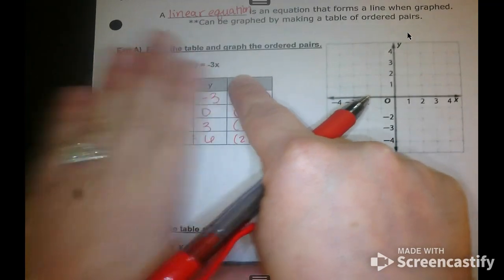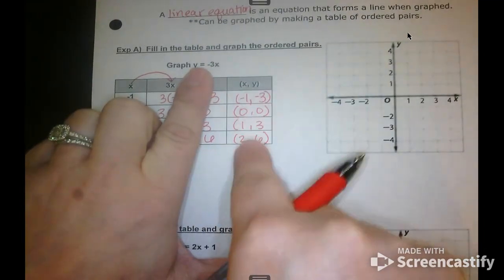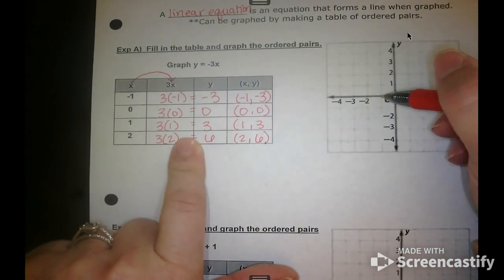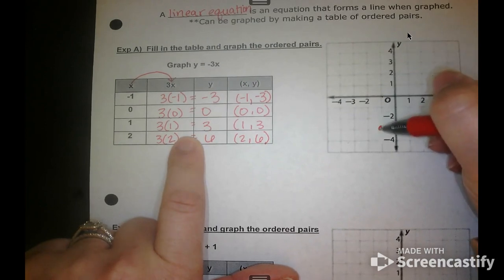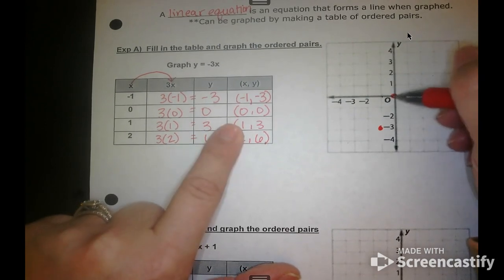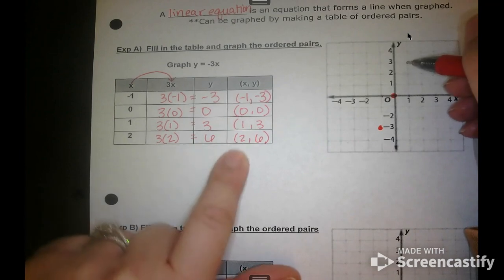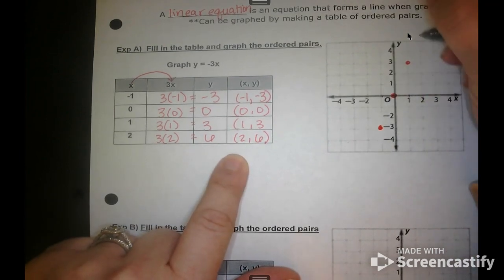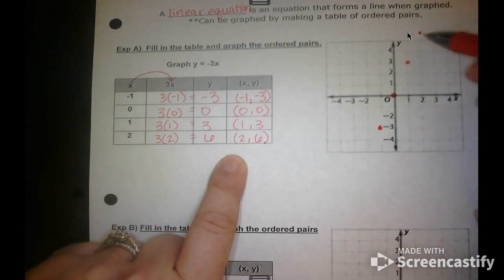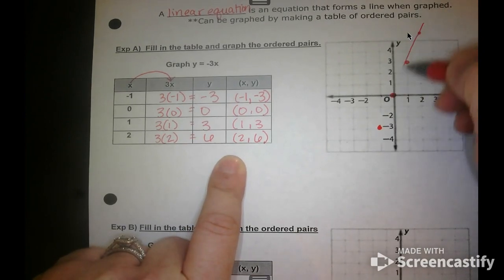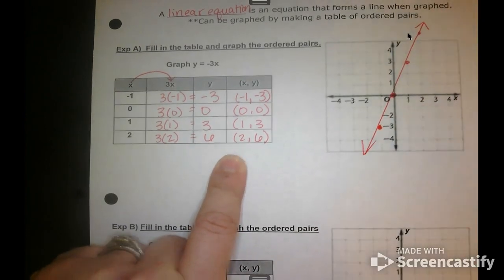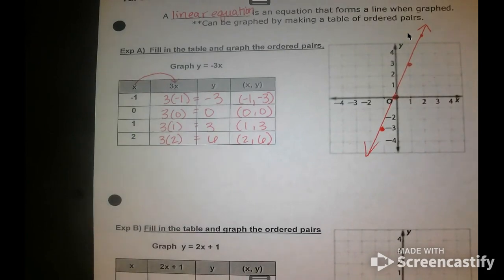No, you're going to graph it in the graph. But I had to do this to get my points. So I have negative 1, negative 3. There's my first point. 0, 0. Positive 1, positive 3, and then 2, 6 would be right up here. Did that form a line? Yep. That's all this is.